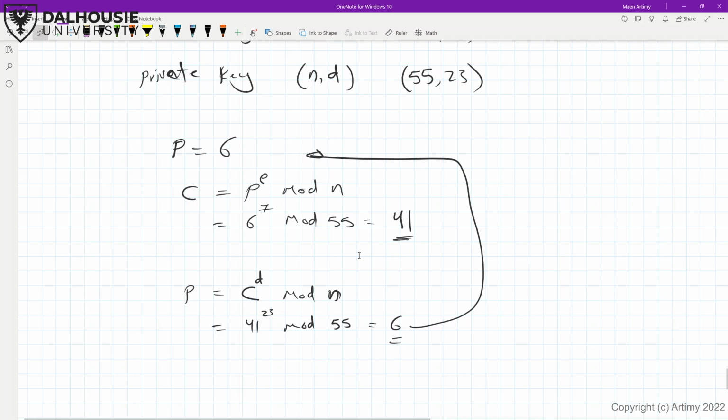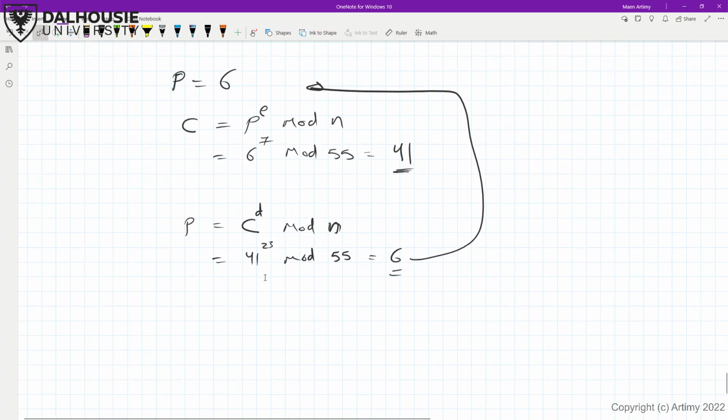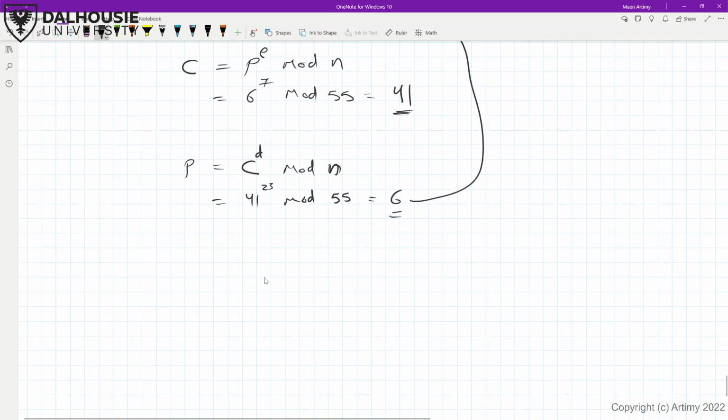Now, before I finish this example and this topic, do I really need to always encrypt with E and decrypt with D? No, I can actually do the opposite, and it will give me the same result. That's not in the notes, but I need to emphasize this. Sometimes it's necessary to encrypt with the private key, so that others will decrypt with the public key, as we talked about with digital signatures.